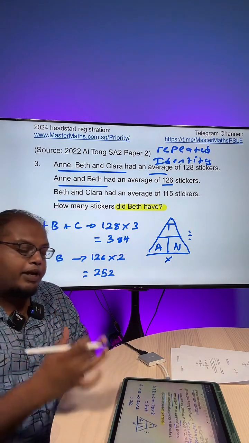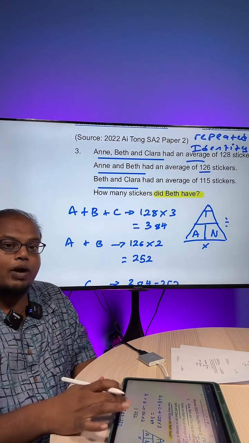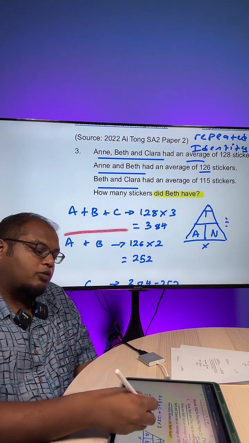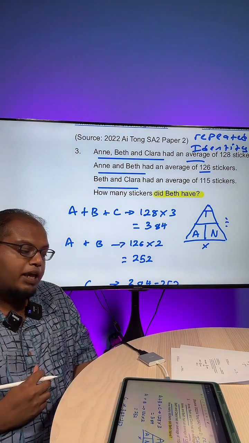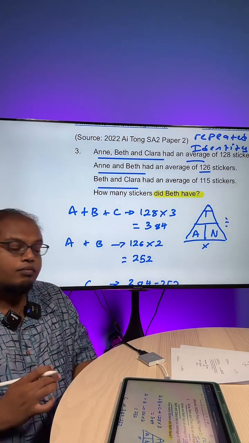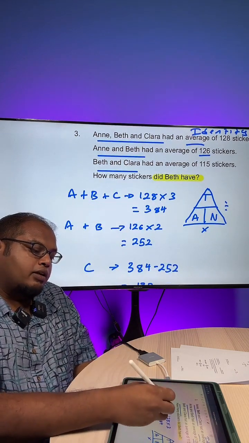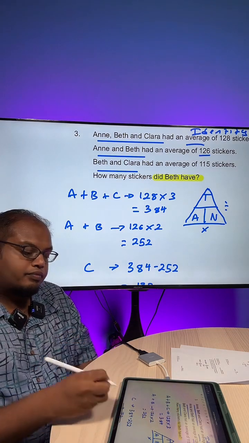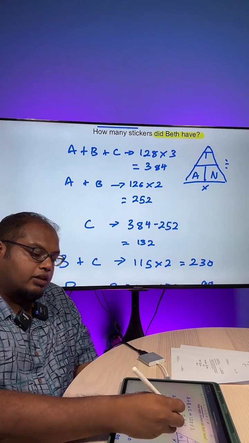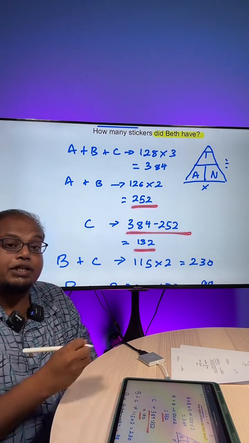But just by doing that, I wasn't able to do anything yet. Next, I was able to find total of Anne and Beth by multiplying by 2. Then you see, when I compare this 3%, the only person extra here was Clara. So I find Clara by taking the 384 minus 252, and I got 132.